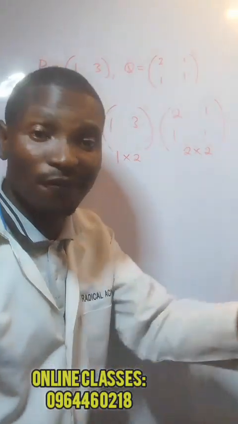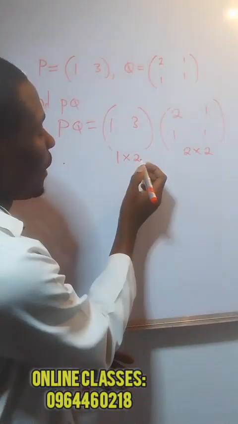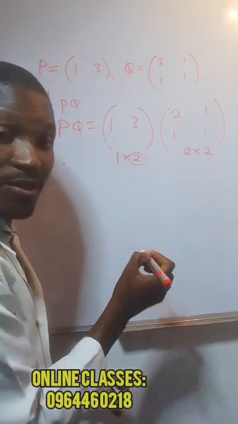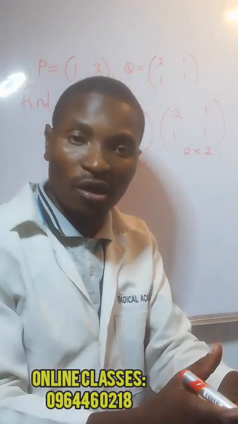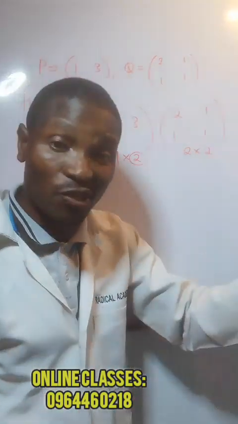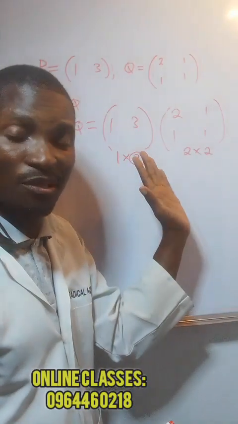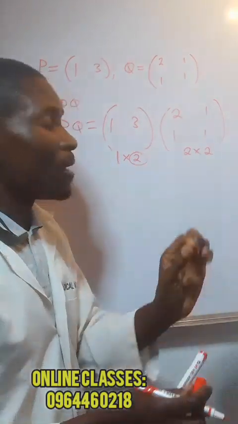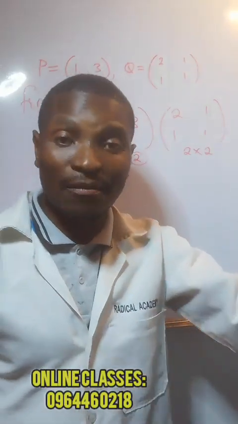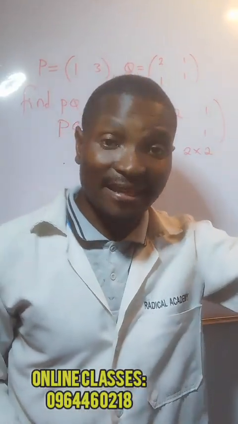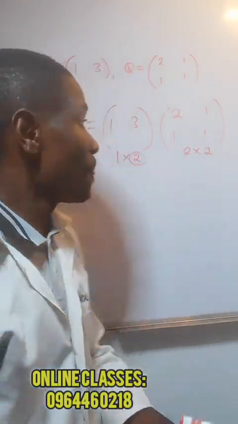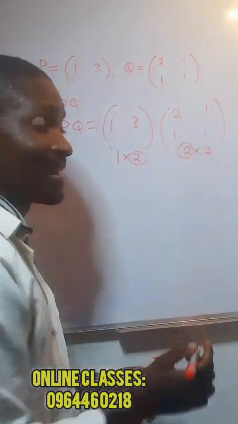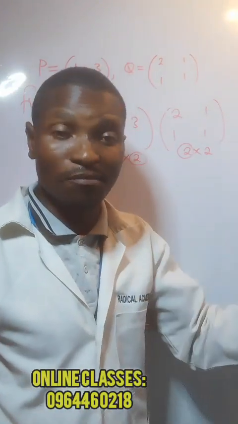So how do I know if these two can be multiplied? The number of columns of the first matrix, which is P, which is these 2 columns, must be equal to the number of rows of the second matrix.